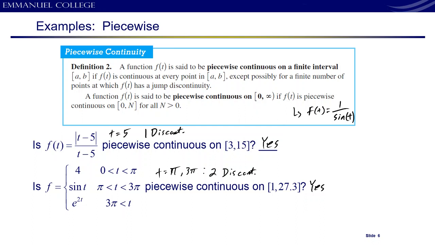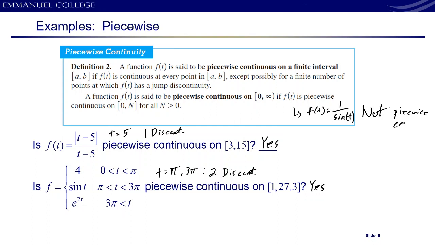But based on the piecewise continuity definition, because I can make intervals where it only has a finite number of jump discontinuities... well, sorry, this one was a bad example. This one is technically not.